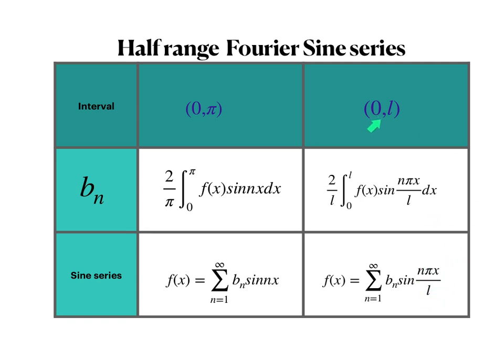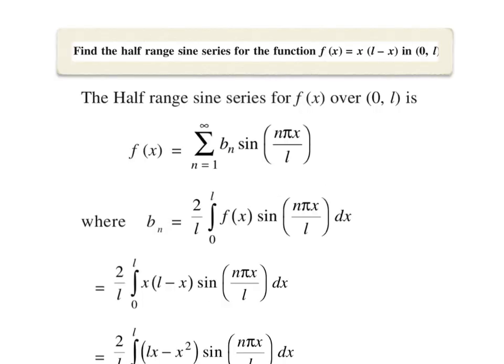So let's get started with the problem solving. Let's solve the problem. Find the half-range sine series for the function f of x equal to x into L minus x in the interval 0 to L. Given that it is a half interval, we need to find the sine series in an arbitrary interval.